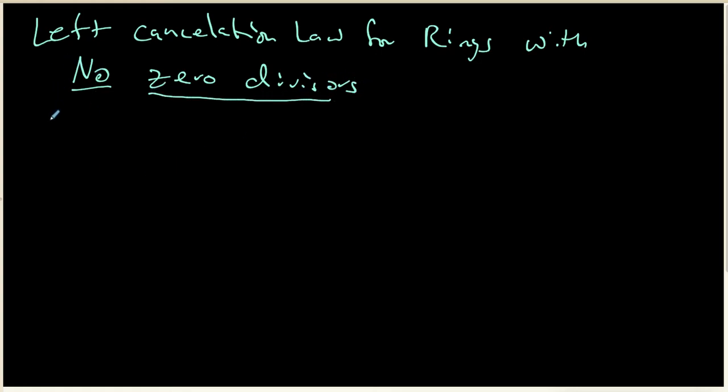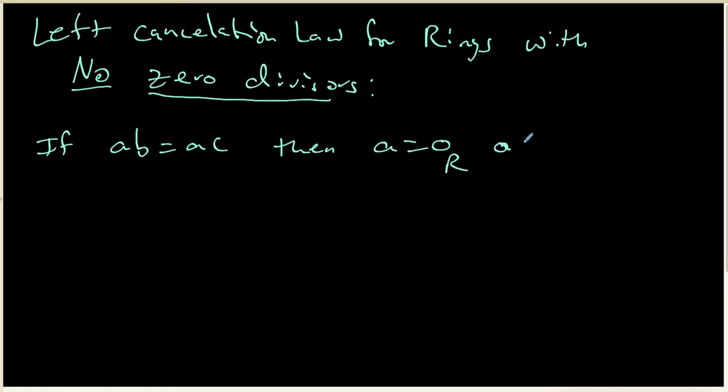The left cancellation law for rings with no 0 divisors states if AB is equal to AC, then A is equal to the 0 element of the ring, or B and C are the same thing.